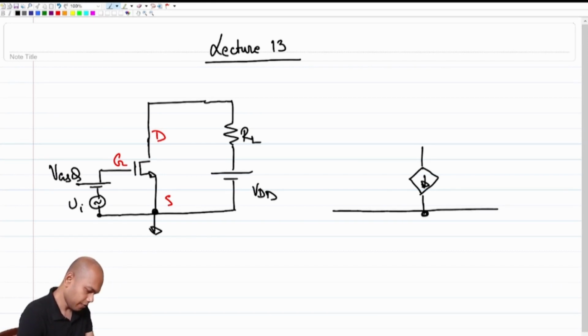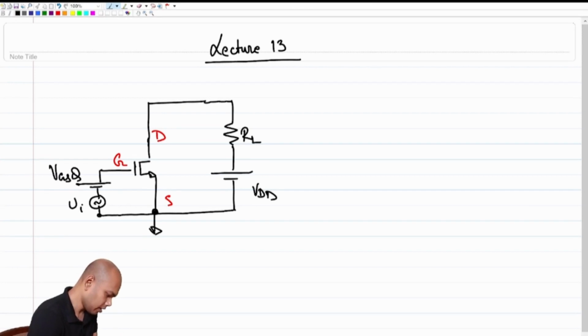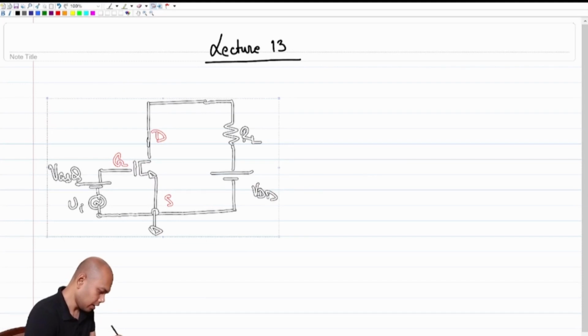So you have the gate. So what I'll do is I will sketch the MOSFET, I will sketch this entire structure, and then show you the incremental equivalent.